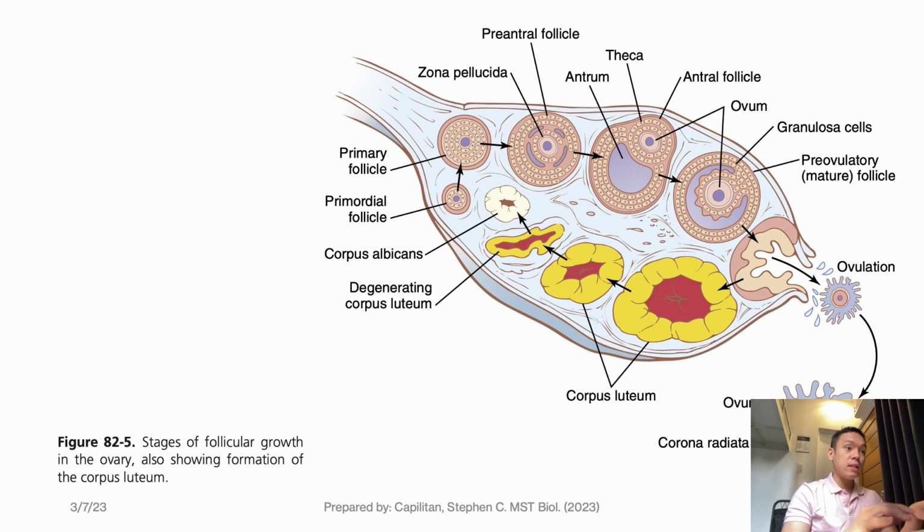You will see when it ruptures the egg with the corona radiata, this surrounding granulosa cells, or the pre-ovulatory follicles, will become the corpus luteum, and degenerating, becoming corpus albicans, and it will be released during menstruation.